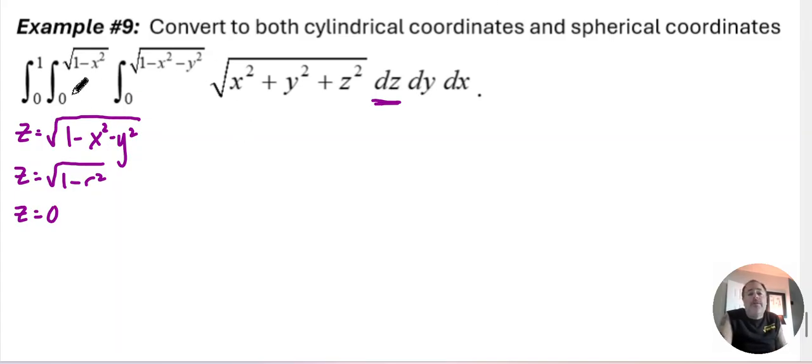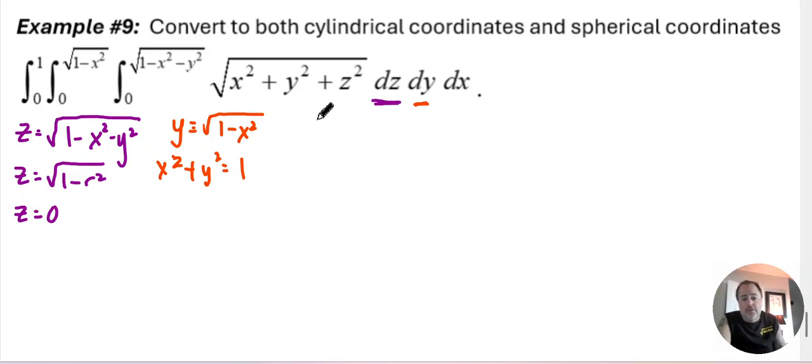Then what we're going to do now is use our trace to find our bounds for the radius and for theta. We're also going to remember that now we're looking at dy, and so these are the equations of y. So y is going to be equal to the square root of 1 minus x squared. We have done this several times in previous videos. When we square both sides and move the x squared over, we get the circle x squared plus y squared is equal to 1.